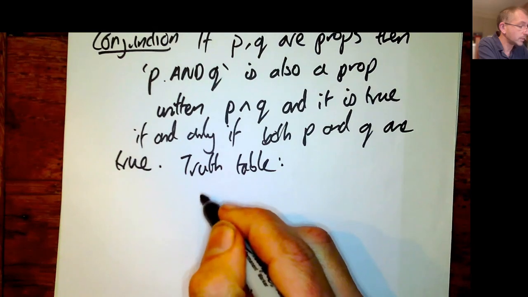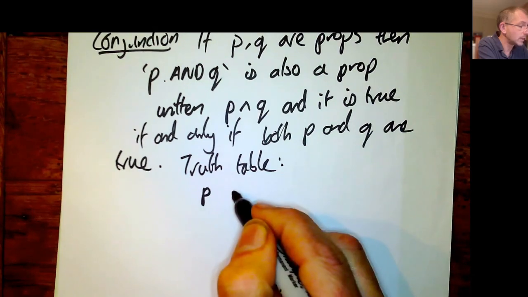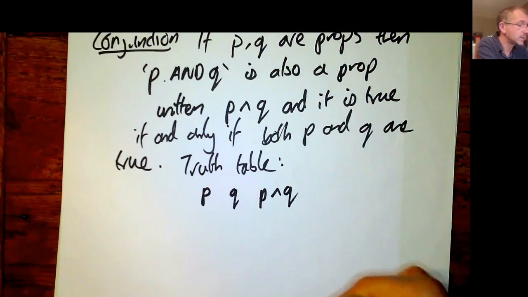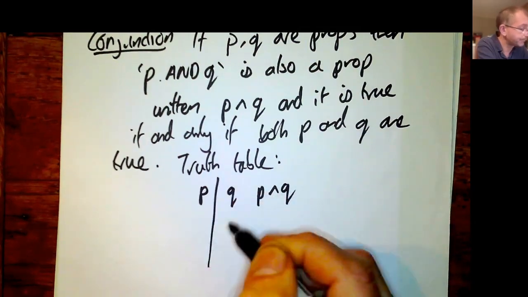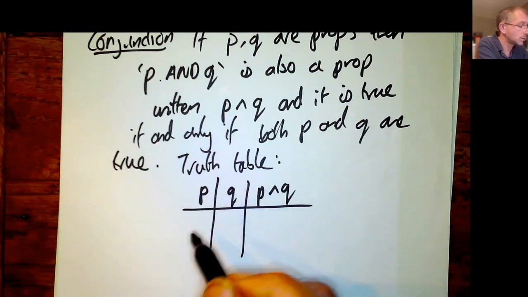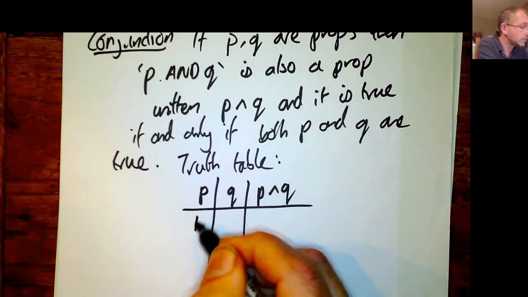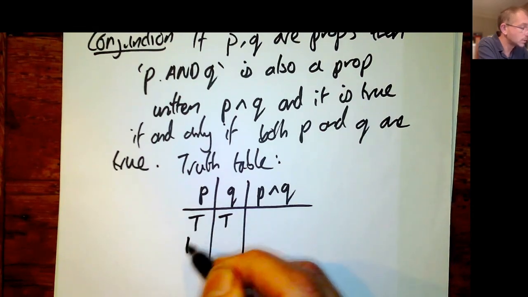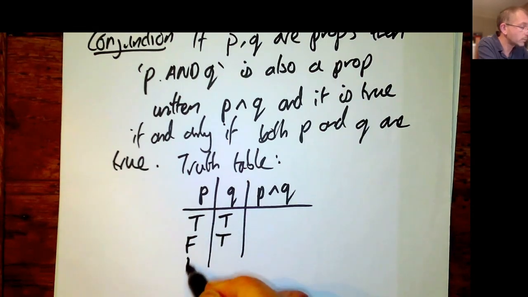You want to put P, and then you want to put Q, and then you want to say what that means about P and Q. So, as I said, there are two possibilities for P and Q each. So let's just run through them in a kind of binary way: TT, TF, FT, FF.